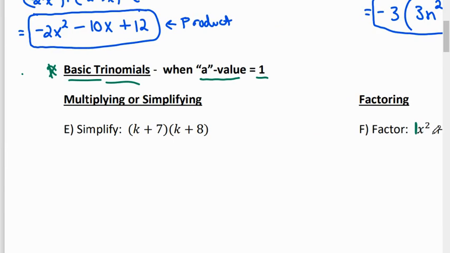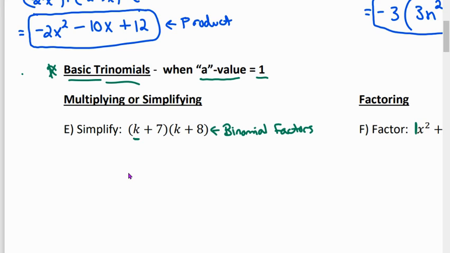But let's figure out where that trinomial comes from in the first place. So a binomial times a binomial. These are binomial factors. When you multiply a binomial times a binomial, you have to distribute every term to every other term in the other binomial.